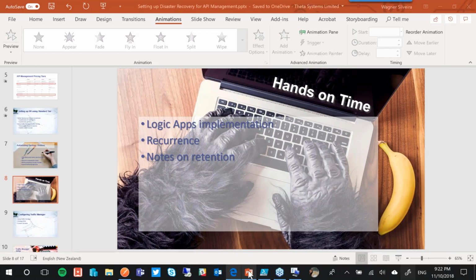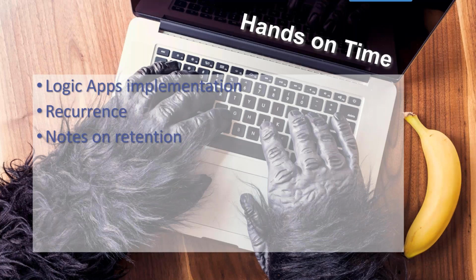So once you have the backup and restore, and guarantee that you can actually synchronize your main and your DR API management, then the next thing is you need to put traffic management in front of that in order to be able to move from the main to the DR when something happens.